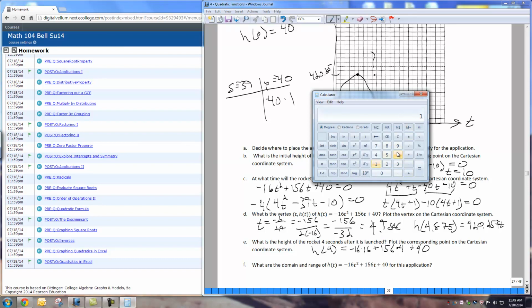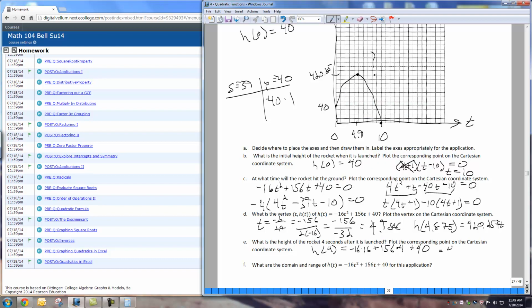So let's go 16 negated times 16 plus 156 times 4 plus 40 equals 408, which is less than 420.